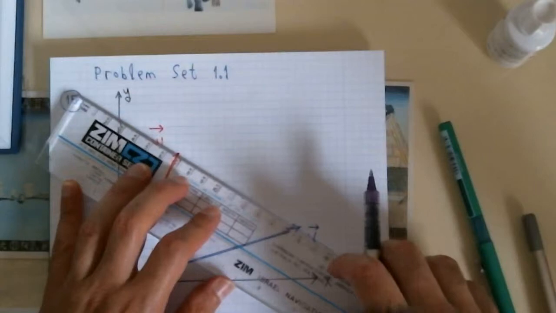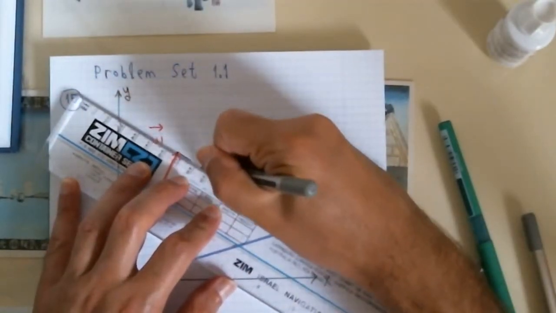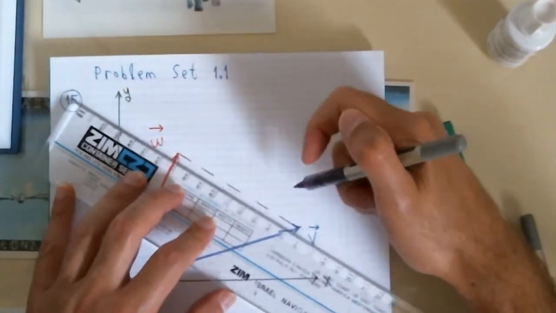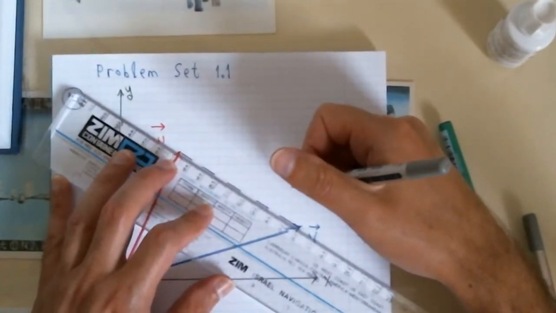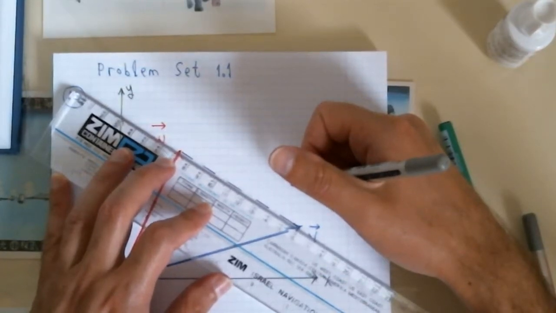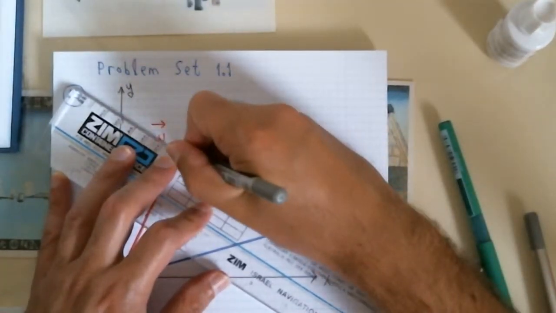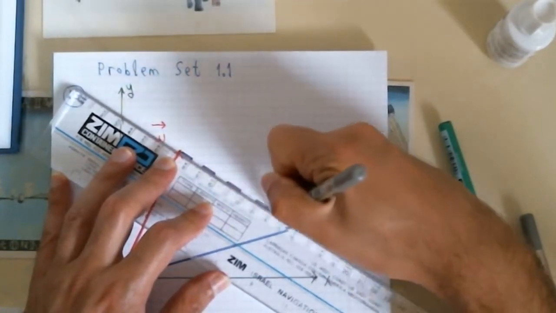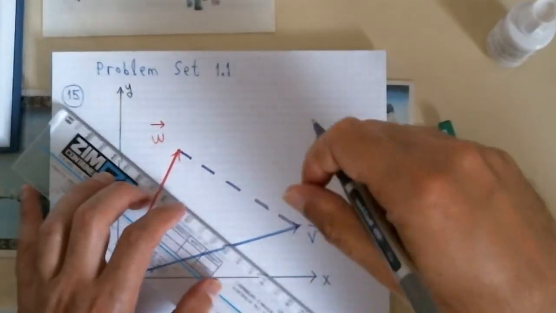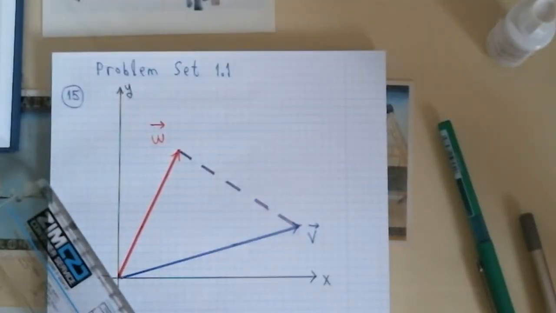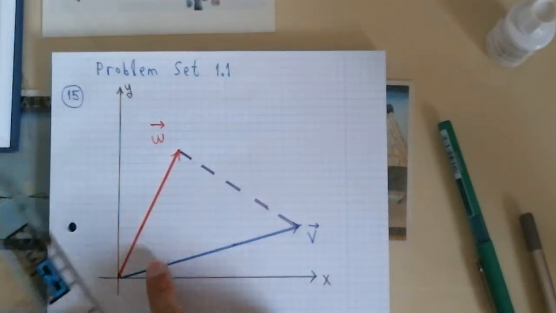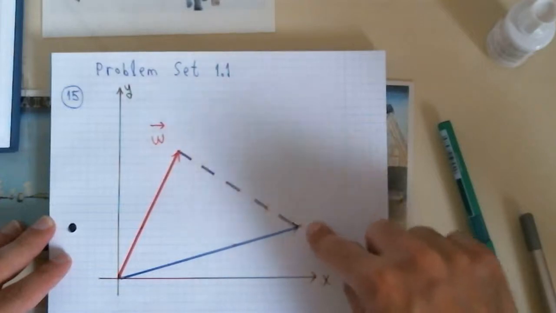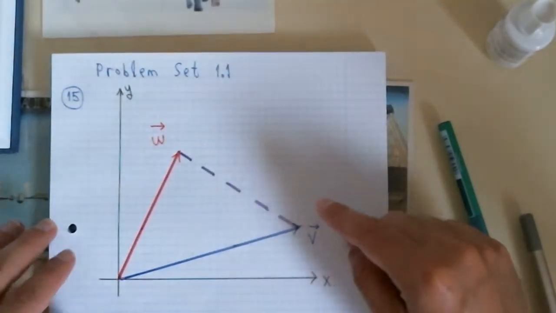Okay, so between them there is a dashed line in the color purple. I don't know if you can see the colors, but the vector V is blue, the vector W is red, and the line between them is purple.